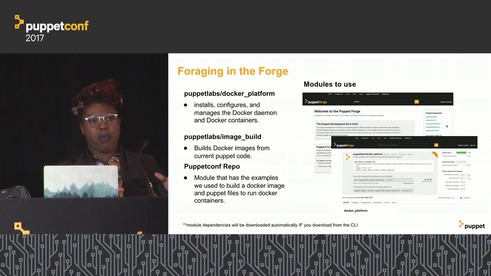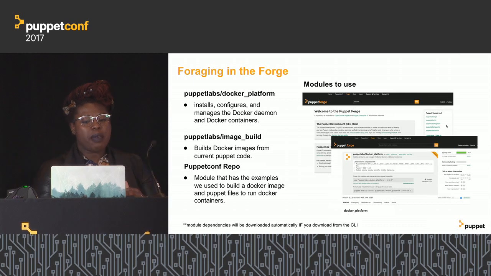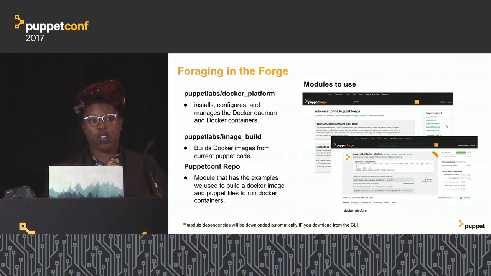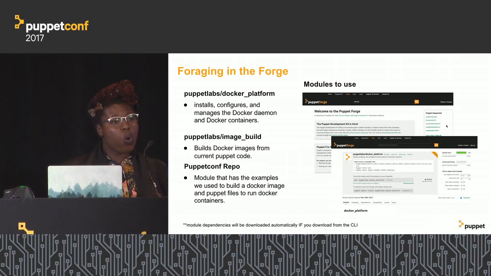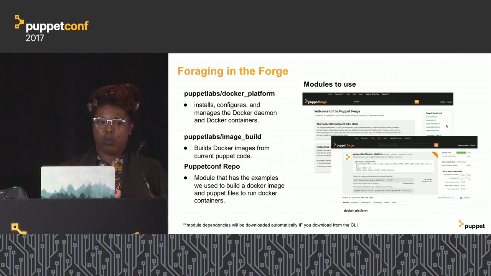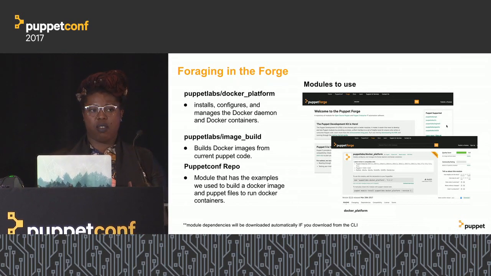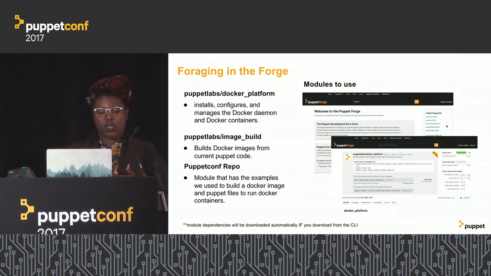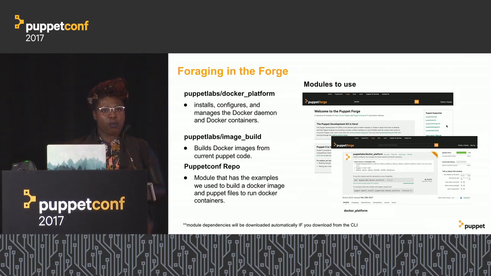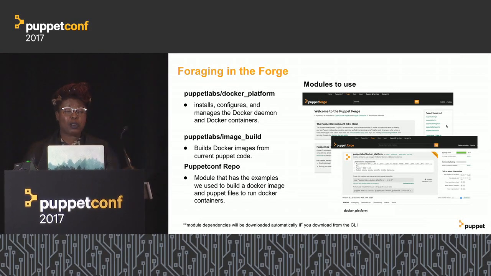It's the beginning part about building and shipping. And then the image build one is going to help us actually build those images from Puppet code that we currently have without having to create or run Docker files. So being able to leverage your current Puppet infrastructure in order to get yourself containerized. And then we're also using the PuppetConf repo that we created that Tricia did a lot of really wonderful work on.